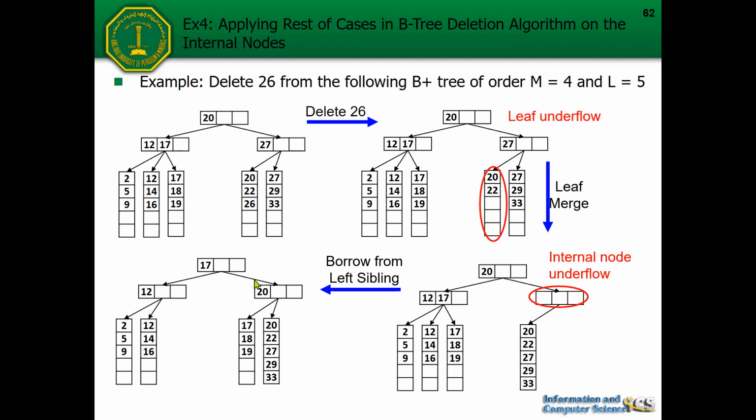So you will get this result, everyone. Again, the root and the internal nodes of the B+ tree are actually a B-tree. That's why when you see underflow in the internal node, you can apply the procedure in the B-tree to deal with the underflow condition.